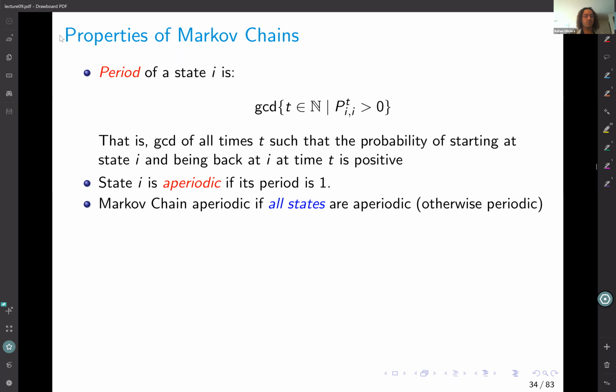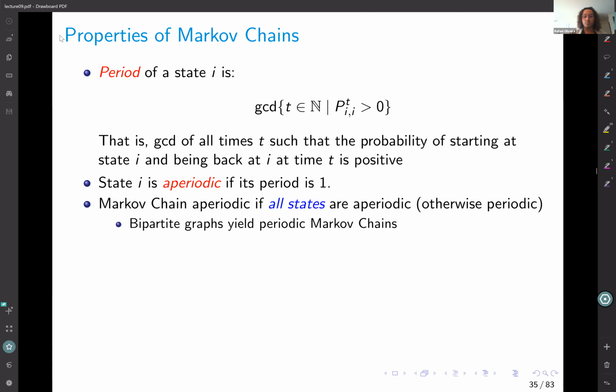But as Ryan is saying, if my Markov chain has a self loop for every vertex, then obviously it is aperiodic, because in one step I could be back. That's usually the trick people use on random walks to make them aperiodic: you do a lazy random walk. Okay, that's a good observation.